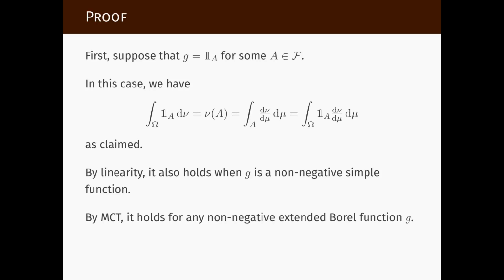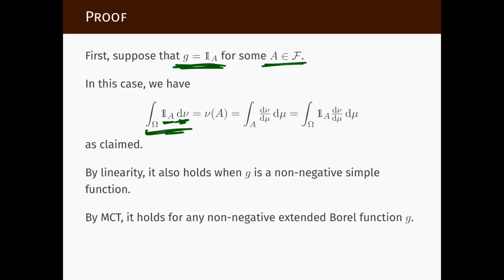Here's a proof, and now we are reproducing the pattern from the previous unit. We start with a function that only takes two values, 0 or 1. So this is always an indicator function, and let's say this is an indicator function of a measurable set A. And then what we want to compute is the integral on omega of the indicator of a certain set with respect to the new measure nu.